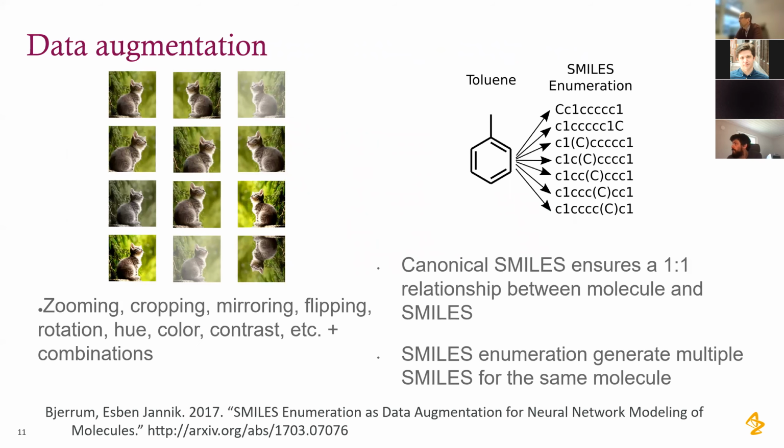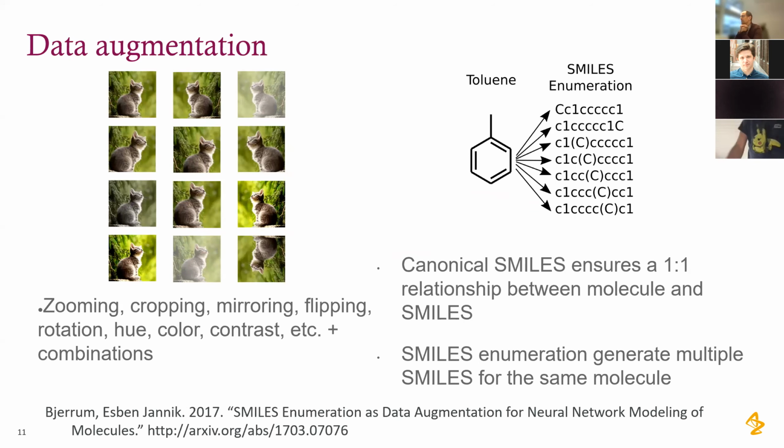It works surprisingly well, but we can also do a little data augmentation trick. If you have looked at image recognition, they also use a lot of data augmentation. You have only a limited set of labeled images, and you want, of course, to expand this.